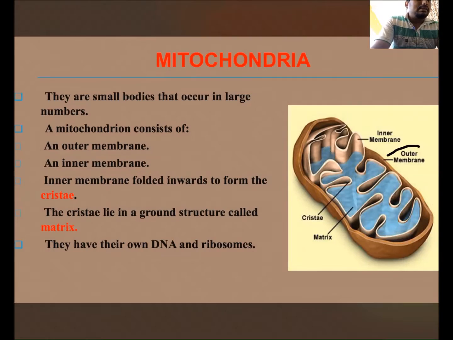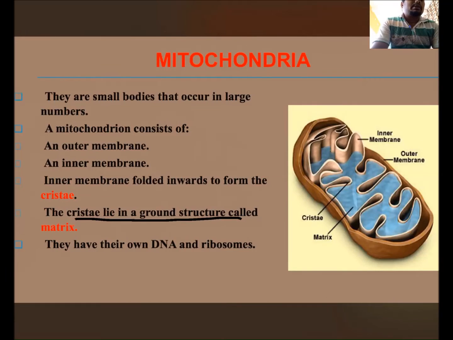You can see here, this is outer membrane and this is inner membrane. You will see that inner membrane has got some inward folding. अंदर की तरफ कुछ foldings दिखाई दे रहे होंगे. So these foldings of inner membrane are called crista, and crista plays a very important role in respiration.